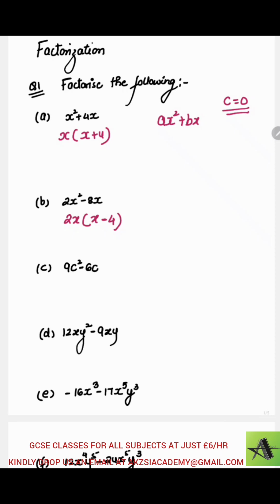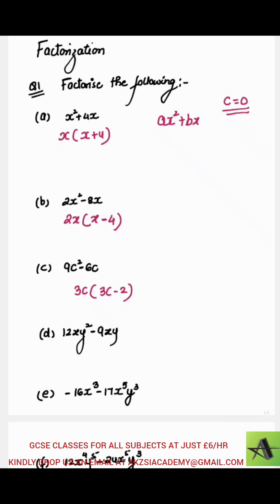Moving on to part C, which is also an example of a quadratic whose c is 0. So I'm taking out 3c as common. Remaining is 3c minus 2. Let's see part D. 2xy squared minus 9xy.